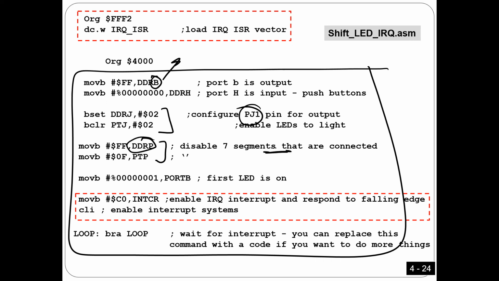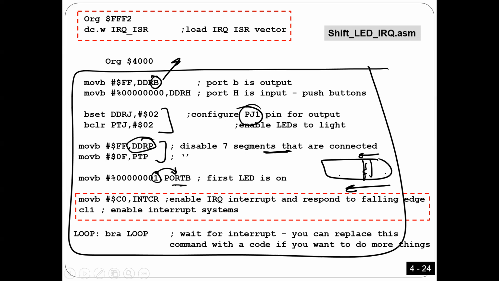And then here I'm going to write an instruction to turn the first LED on. I'm going to shift to the left. When I explain to the right, it doesn't matter, I'm just going to go to the left. So here I turn on this LED so that every time I press a push button, I trigger the IRQ interrupt, and then the IRQ interrupt is going to shift this LED, from here to here.